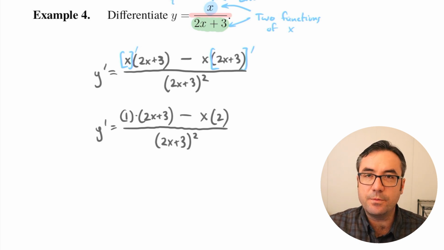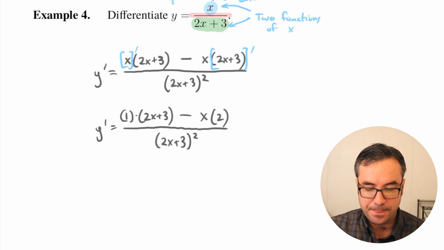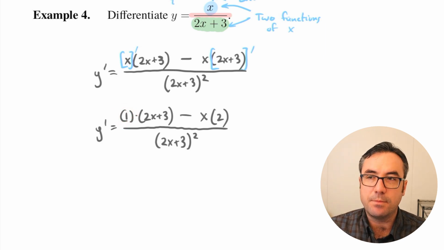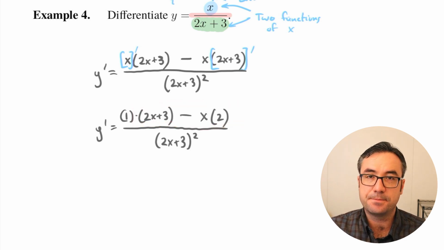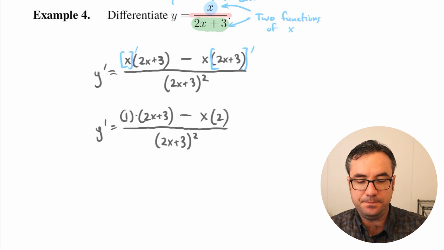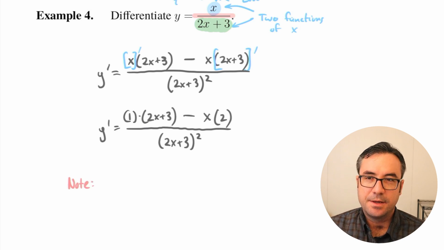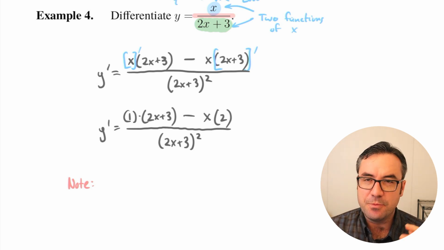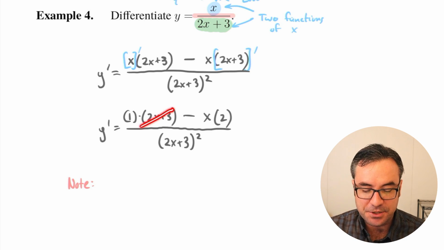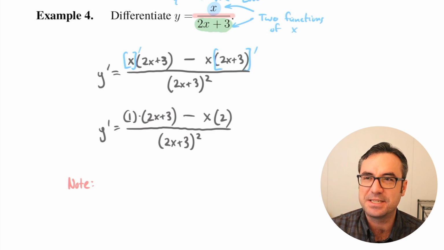Now, if we were to simplify this, there's a little bit we could do. First of all, we don't normally write multiplication by 1. And you want to try to simplify the numerator first. One thing to note, something that I see enough where I think it's worth mentioning, and you might be thinking it right now: this 2x plus 3 is not going to cancel out with that 2x plus 3 in the denominator if we wanted to simplify this down.